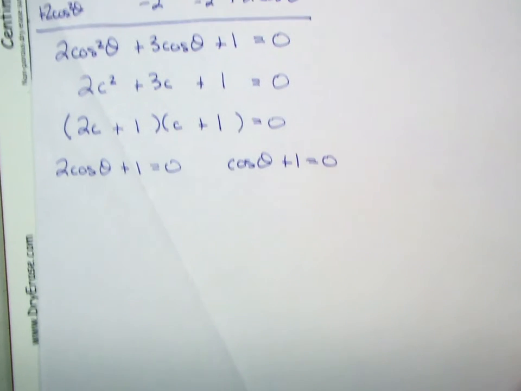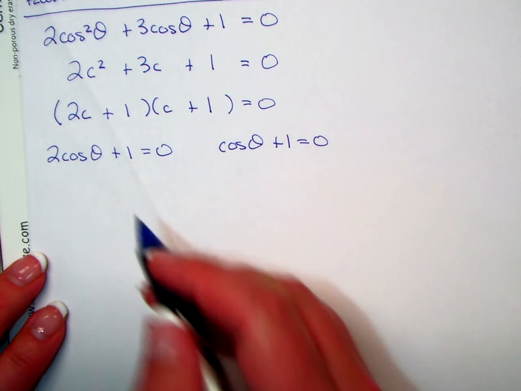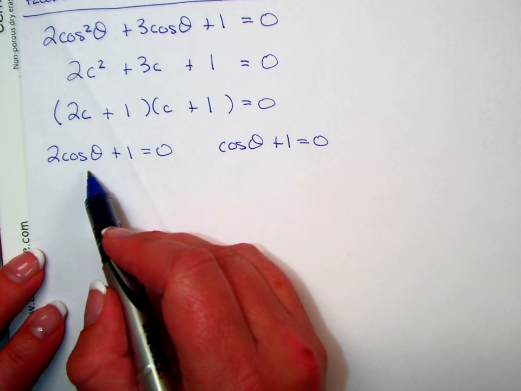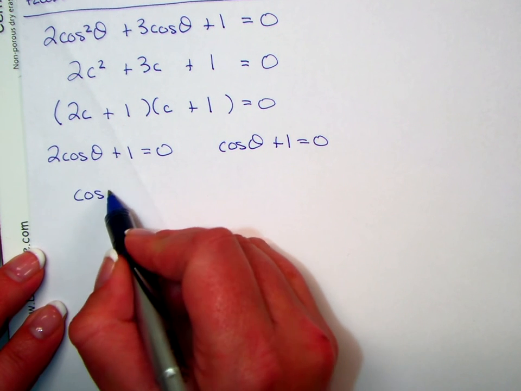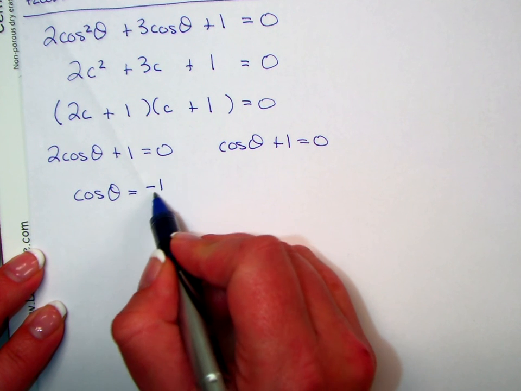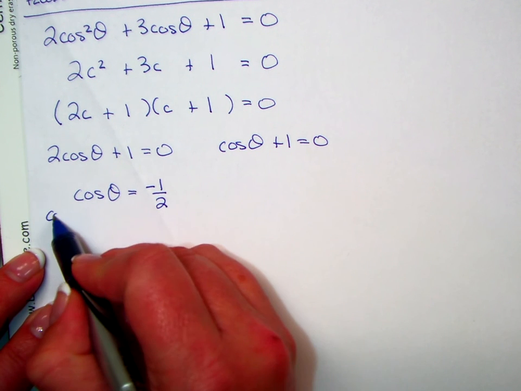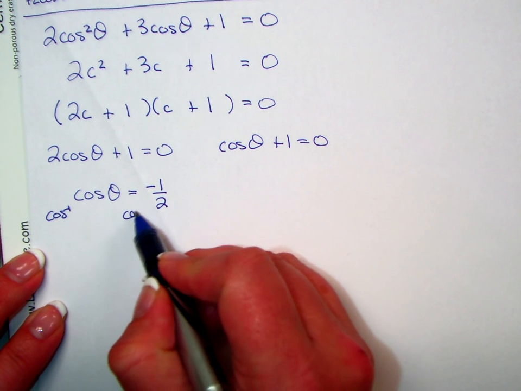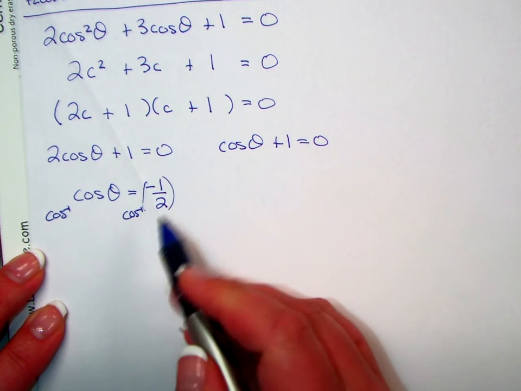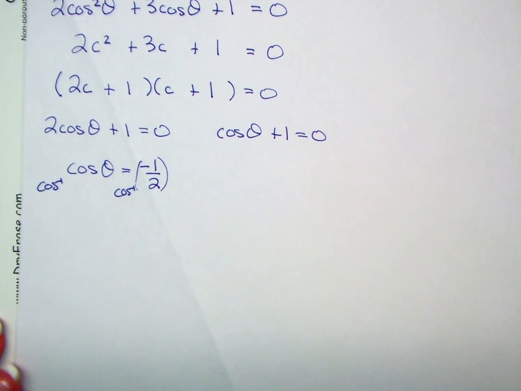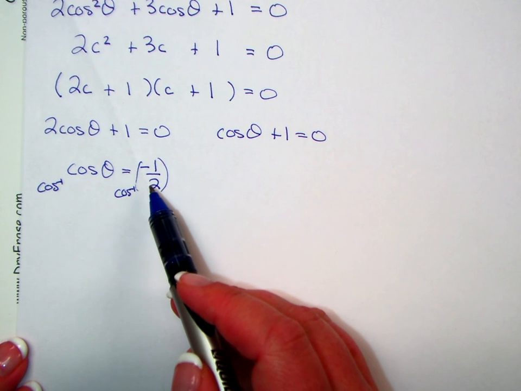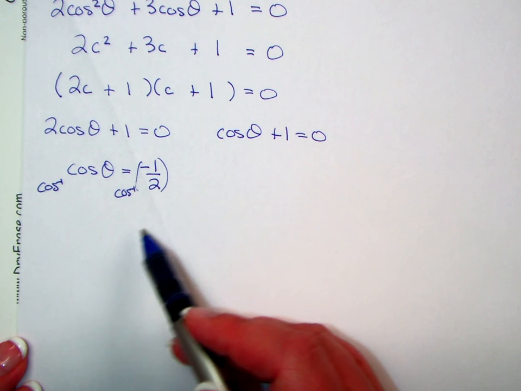Alright, so I need to solve both of these equations. So I'm going to solve for cosine first. I'm going to subtract 1, divide by 2. Cosine theta equals negative 1/2. Then I'm going to cosine inverse both sides. Remember when you do the inverse trig function here, cosine is negative in quadrant 2, right?